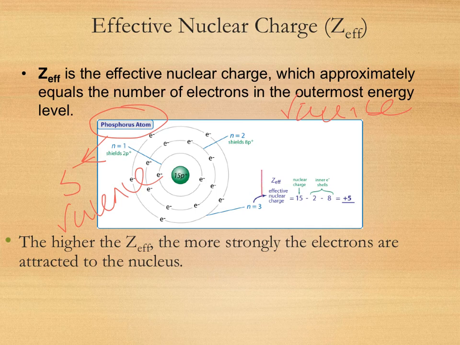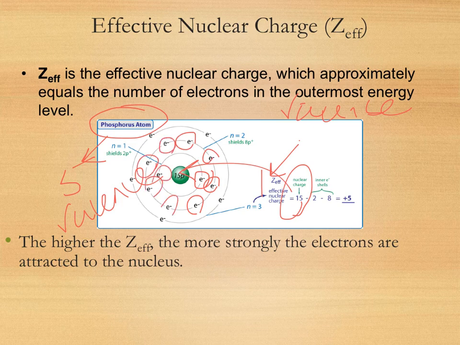To explain this, which I'm not going to hold you responsible for, but if you're mildly curious, the effective nuclear charge for phosphorus, if there was no shielding, would be 15. Phosphorus has 15 protons, so you would think electrons should feel a pull of 15 positive protons. No, that's not the case, because all of these core electrons make a shield around the nucleus so that the outer electrons, the ones in the highest energy level, the valence electrons, don't feel the full attraction because of the repulsion from the inner ones.